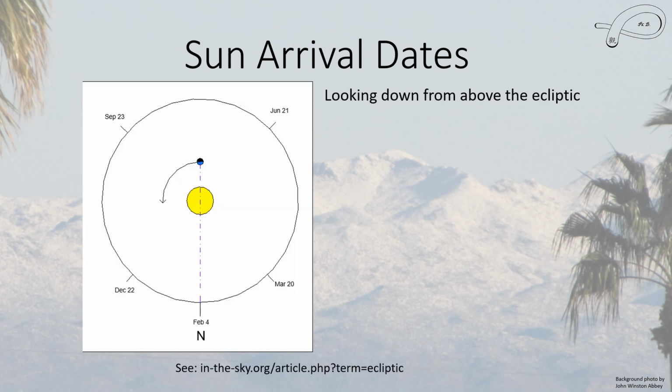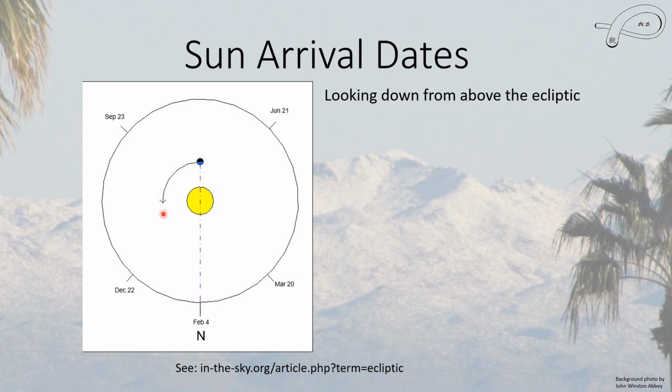So what we have here is we are looking down from on top of the earth, where the fingers on our right hand go with the flow of the planet. So our fingers wrap this way, our knuckles are here, the tips of the fingers are here.